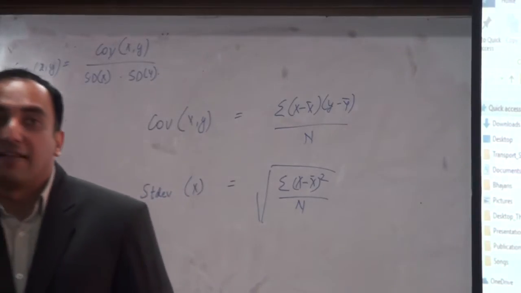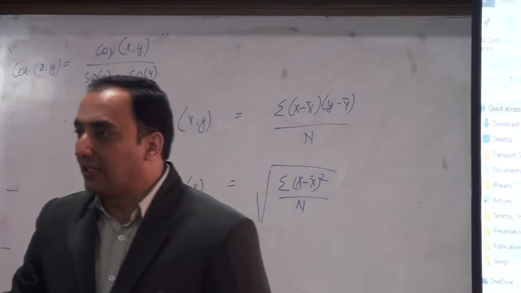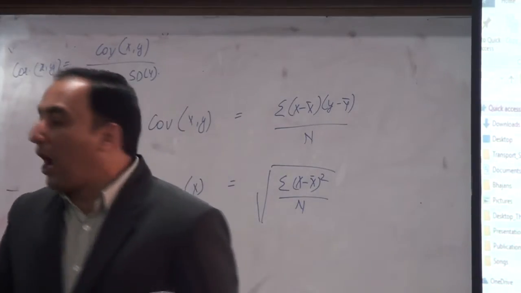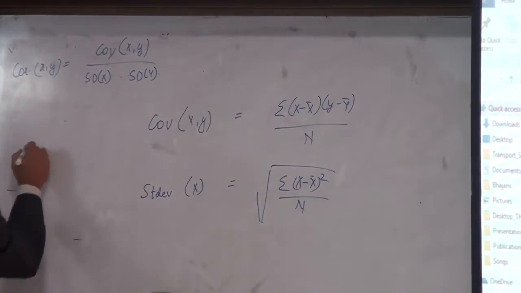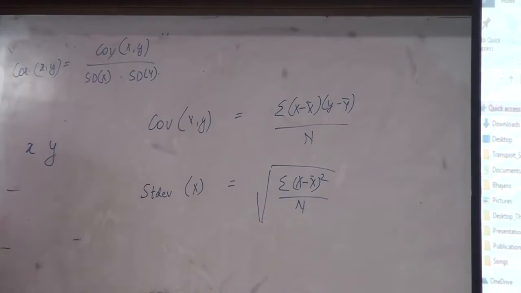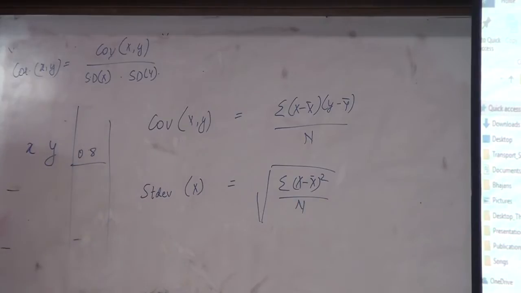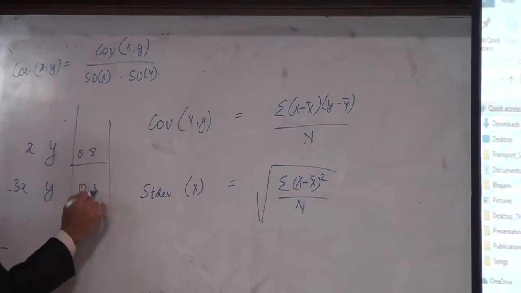One thing. Second thing, suppose I am having a series x and y. Suppose their correlation is 0.8. If I multiply all the values of x by some constant, let us say 3, so I will be having 3x and y. If I find out their correlation, it will again be 0.8.